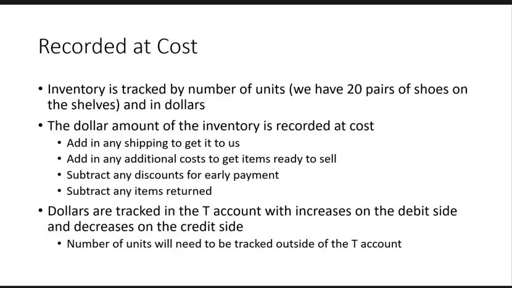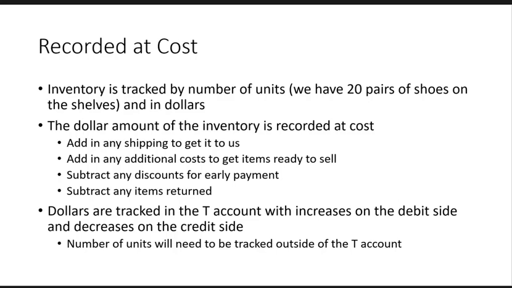We subtract from that cost any discounts we get for early payment. So we buy most of our inventory on credit, and if there's a discount for paying within 10 days, like we talked about previously, then we would subtract that amount off of the cost of our inventory.